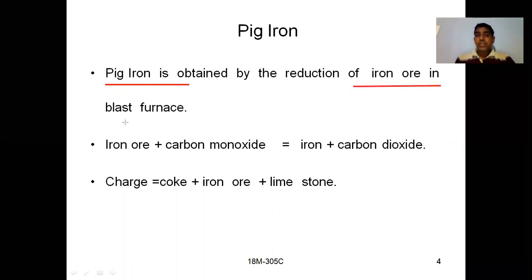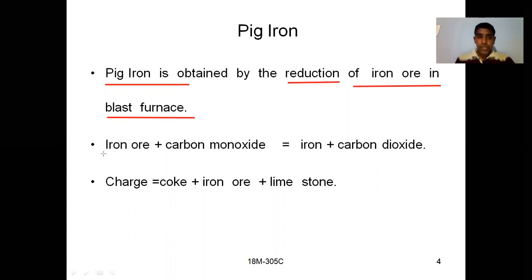By the reduction process. Reduction means we are removing the oxygen content from the iron ore, and we are doing this in a blast furnace. So you are going to get pig iron from the blast furnace by the reduction of iron ore.